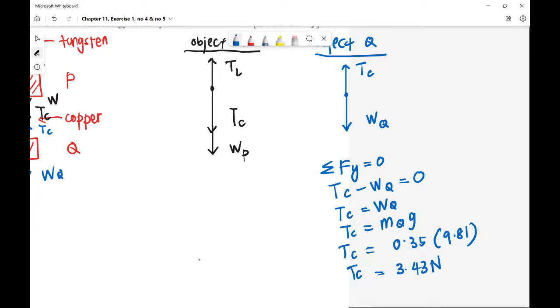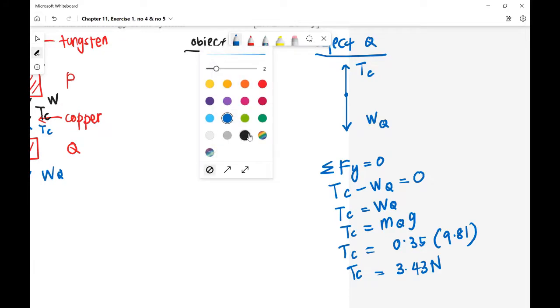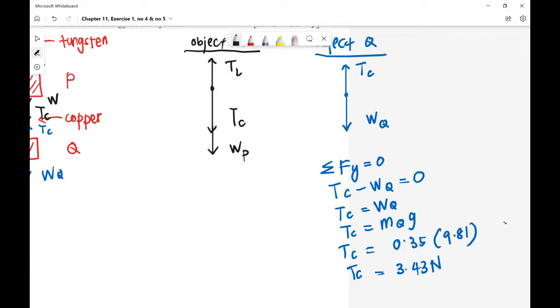And then, for object P, okay, juga boleh apply konsep net force Y equals 0 because object P is in equilibrium. Okay. So, atas ni adalah tension of tungsten. Okay.